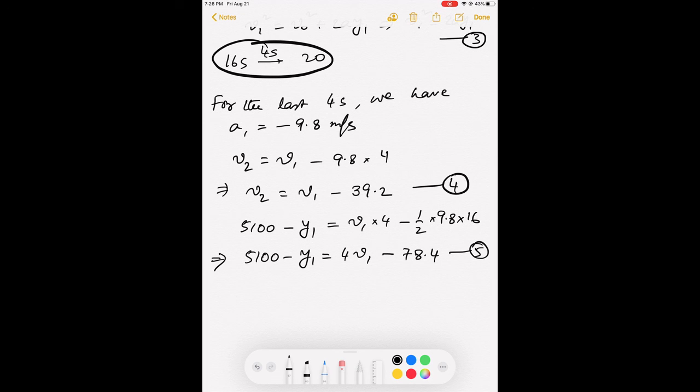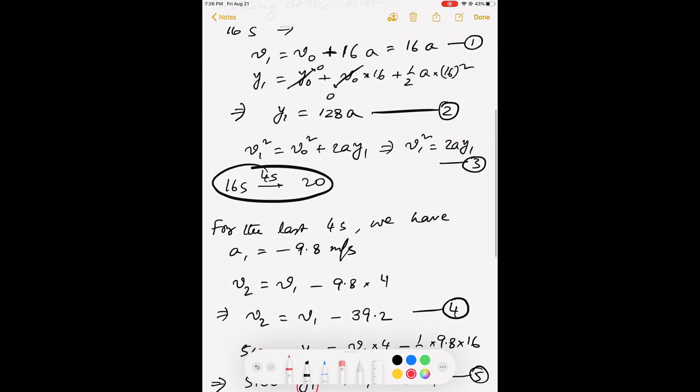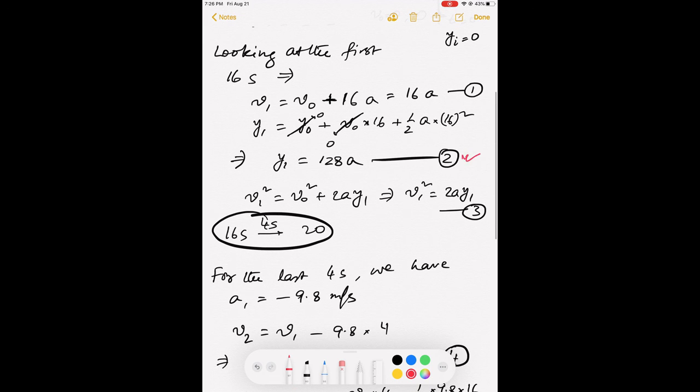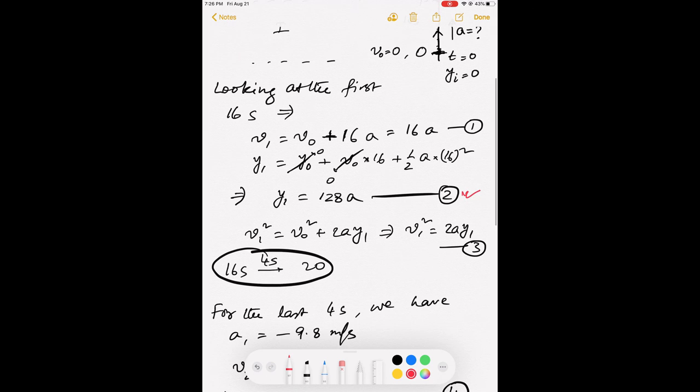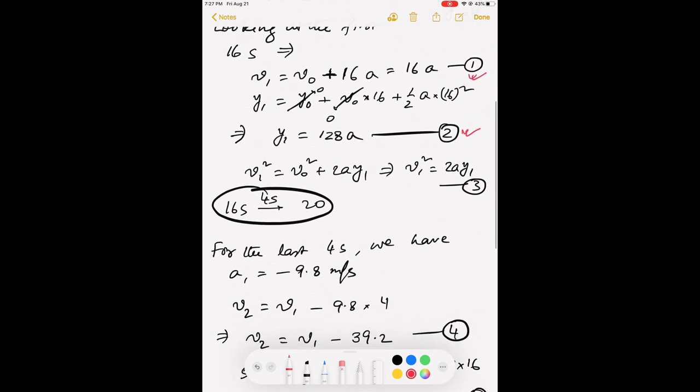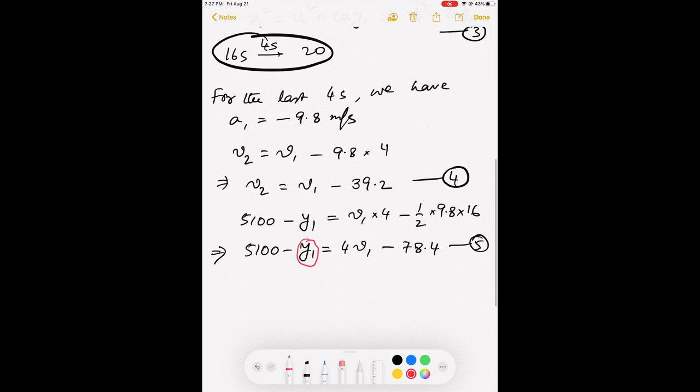And if you closely look at equation number 5, now you can substitute the value of y1 from equation number 2, and you can look at v1, and that would also give you an expression in terms of a from equation number 1.